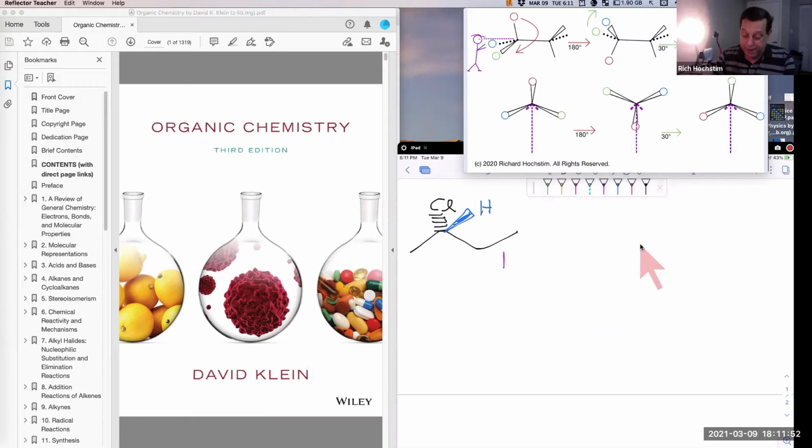So in order to name this, we're going to take a look at where the low priority group is. Here's the low priority group. When the low priority group is coming out of the paper, the best way to do this is to go ahead and number it as we did before, and then realize that we're going to have to report the opposite answer.